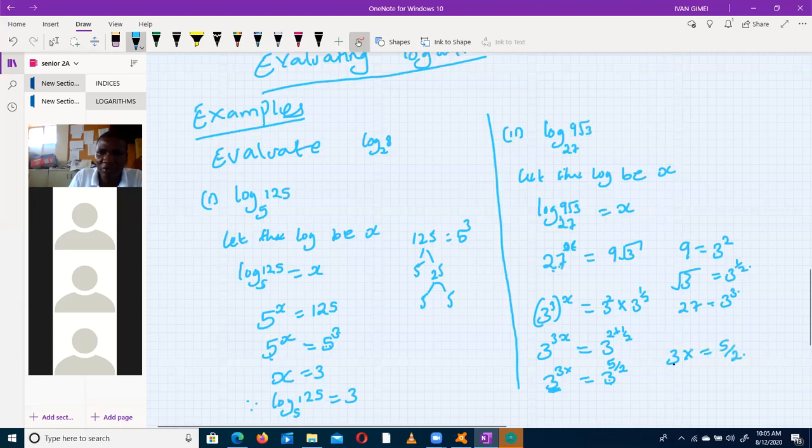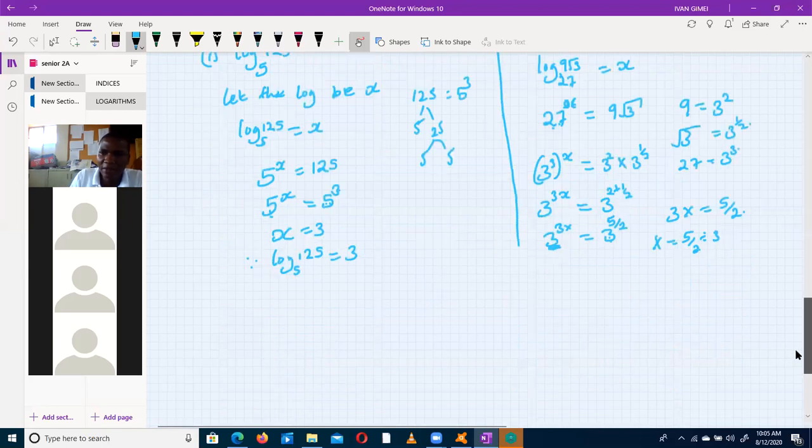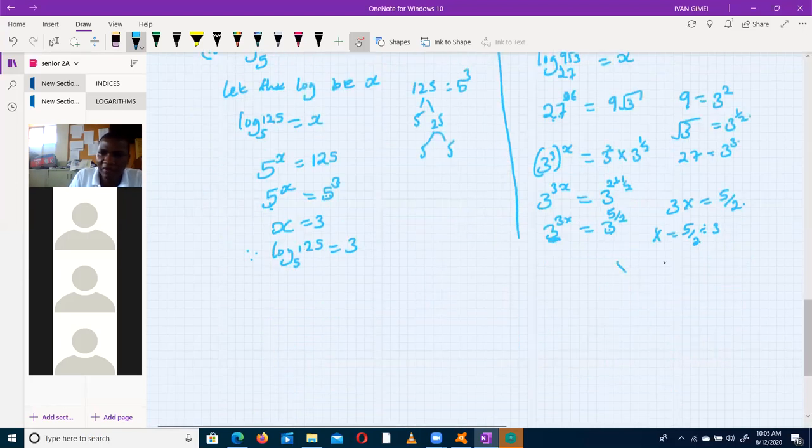Then you divide by 3 on both sides. We shall have x equals to 5 out of 2 divided by 3, which is 5 out of 2 times 1 out of 3. So x will be 5 out of 6. Therefore, you found your value of x.